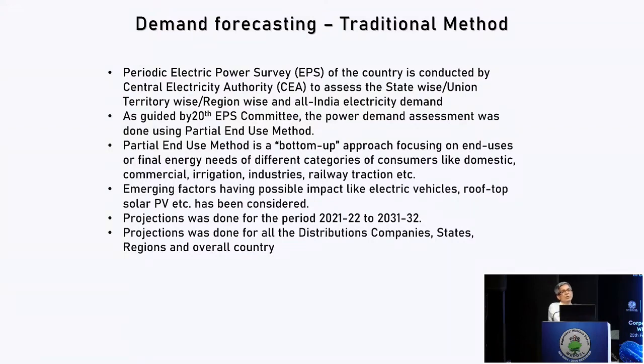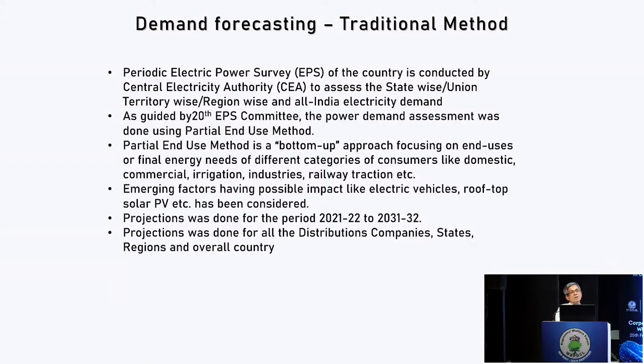Here in India, we have the Central Electricity Authority, and led by CEA, there is the Electric Power Survey Committee. So periodically they do this demand forecasting for all the DISCOMs, distribution companies, for the state, for the region.